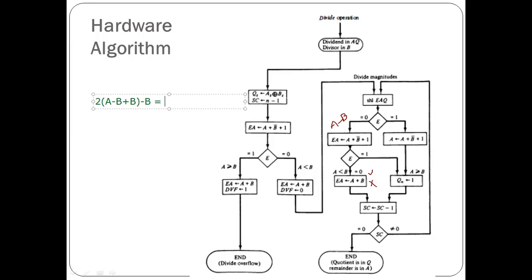So that will result in 2A minus 2B plus B, that is 2A minus B.